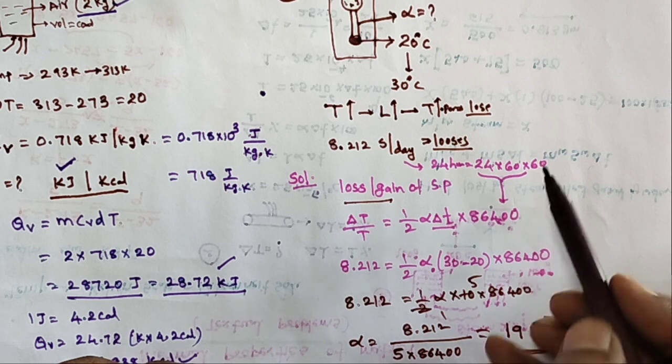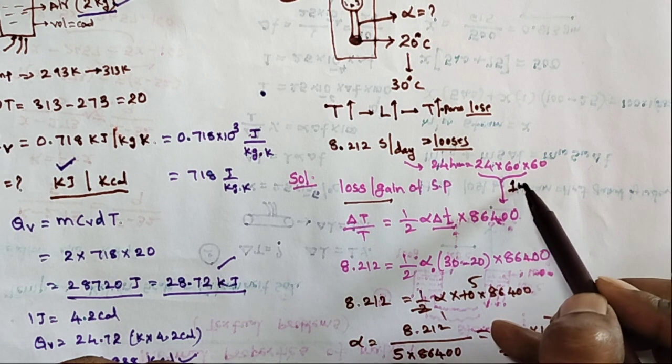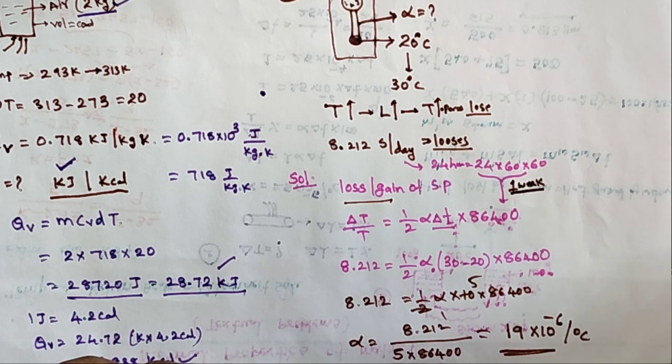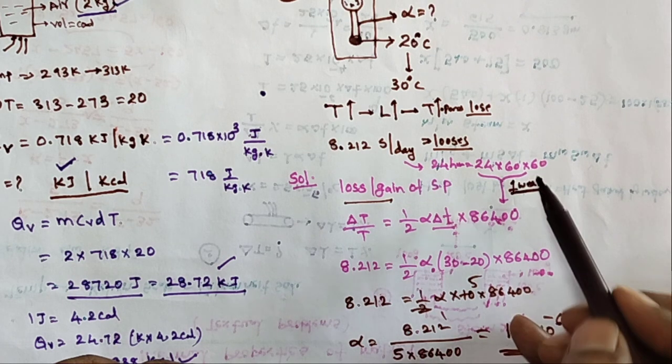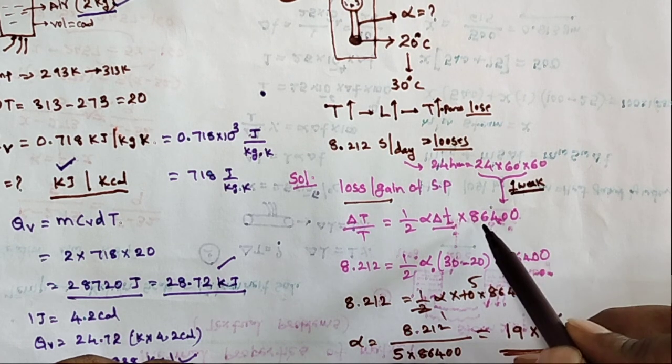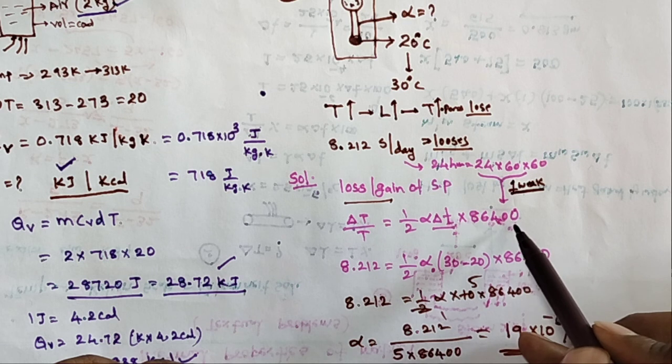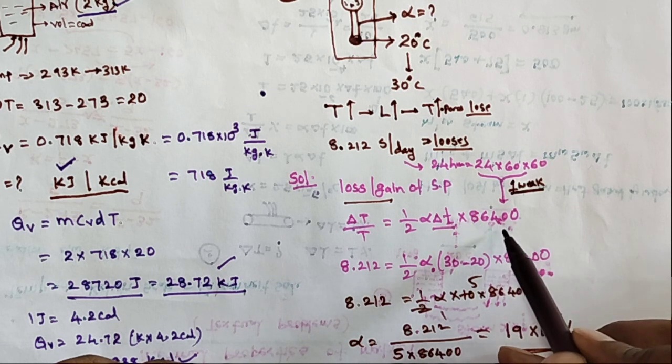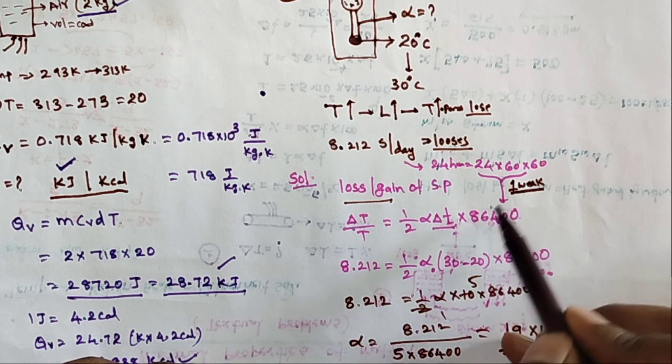86400 is for per day. Sometimes 1 week is given. For example, 1 week is how many days? 7 days. In this case, substitute 7 into 86400. Sometimes 1 second is given, then don't substitute 86400.